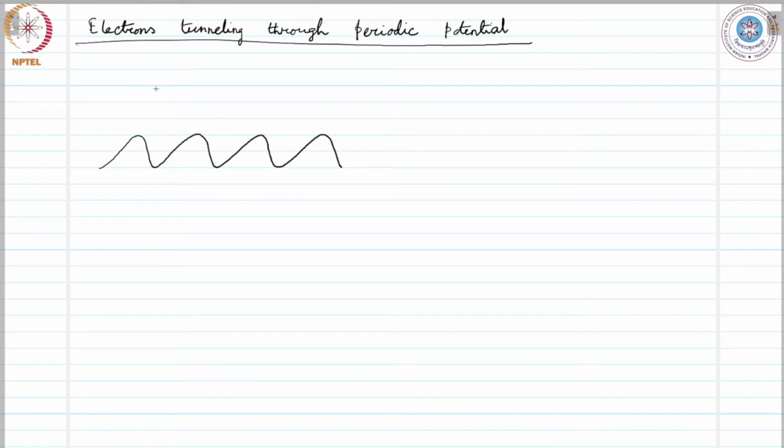If we consider this to be 0 in the x-axis, this is the x-axis, and this is the potential axis, V(x). If we consider this to be 0, this point is a, x equals a, here x equals 2a, where a is the lattice constant, and so on.